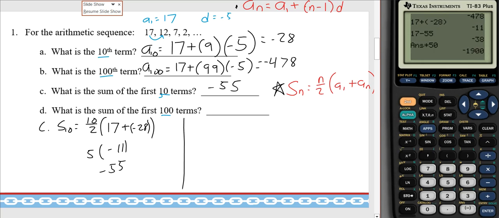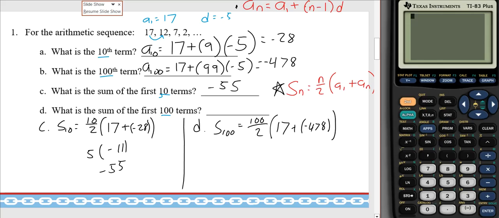For part D, using that same formula, we're just swapping out our n value to 100. So 100 over 2 times a1 plus my a100, which would be the negative 478.